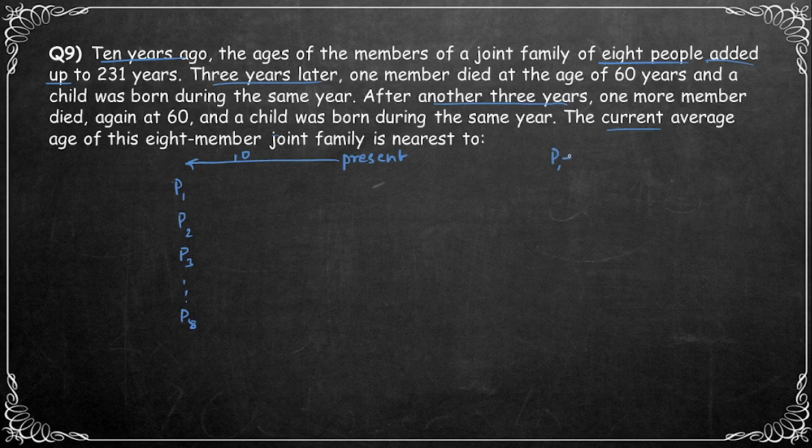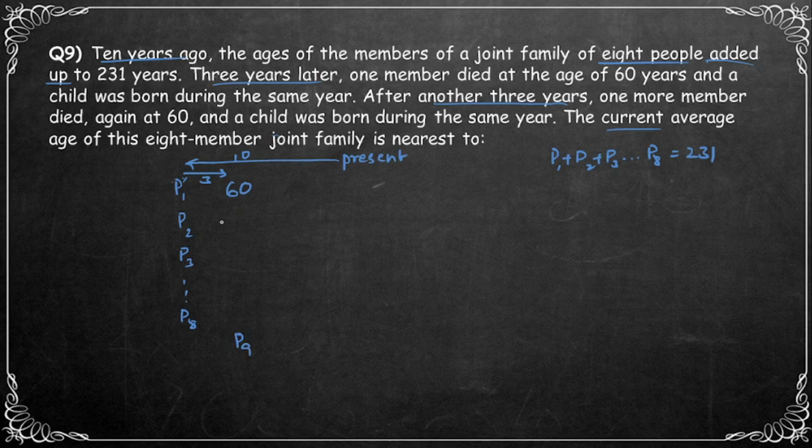So P1 plus P2 plus P3 till P8 is equal to 231. 3 years later, that means 3 years into the future from here, one member died. Let us kill P1 at the age of 60. That means his age was 60 when he died and a child was born. That means, let's say P9, a new member, got introduced.